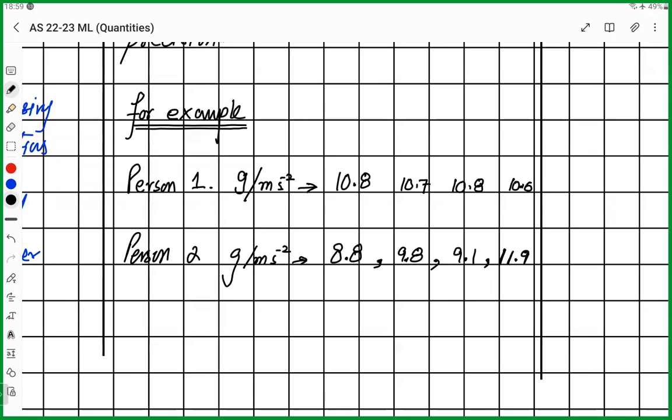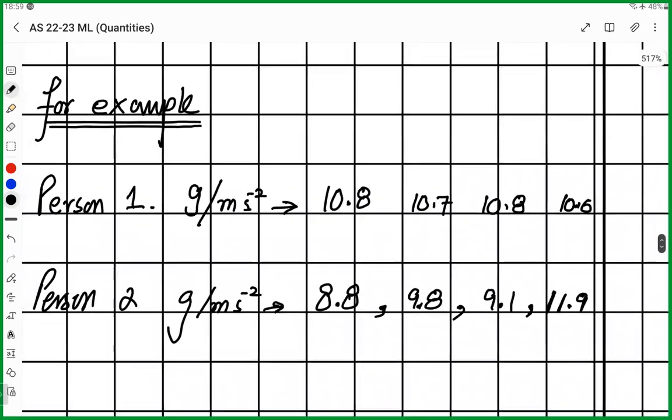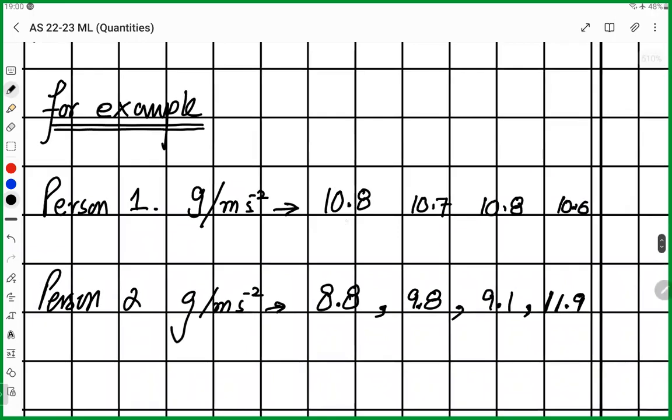Let's see. There are two people who measured the value of g, and I hope you can see the values. Person one measured 10.8, 10.7, 10.8, 10.6. Can you find the average value for this person?